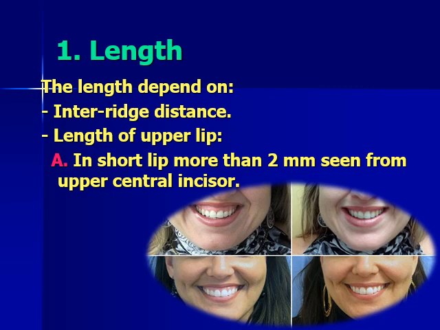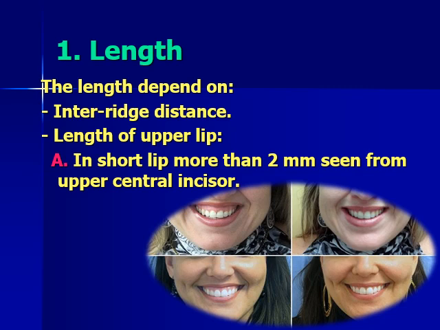For the length of the artificial teeth, we depend on the interridge distance. If the distance is large, the size or length of the teeth will be long. If the inter-arch distance is small, the length of the teeth will be small or short.